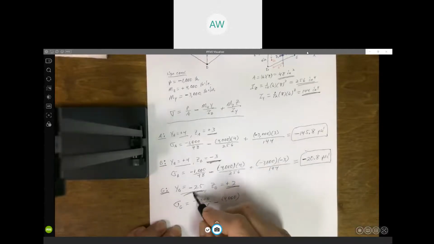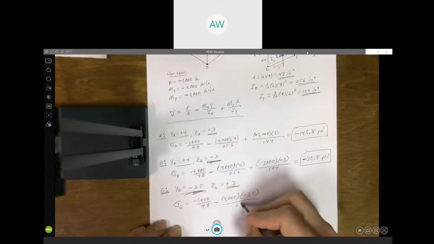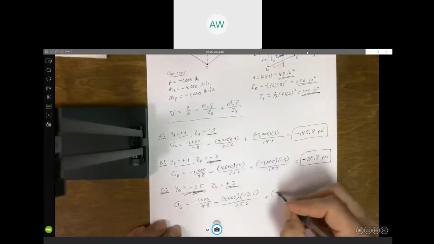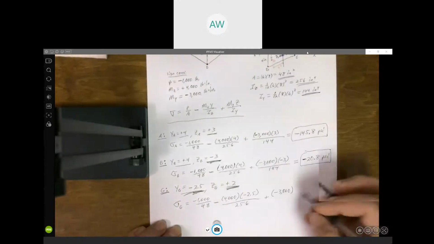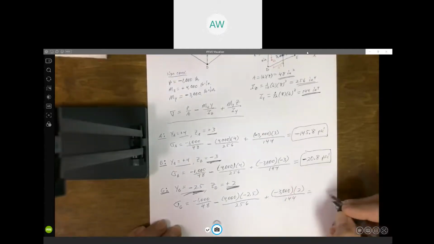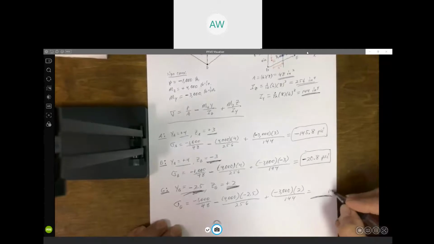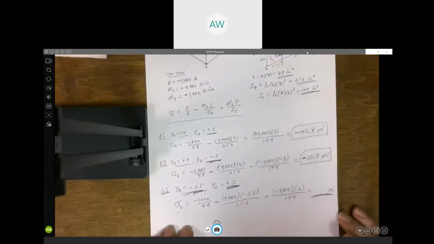Here's where we put in our Y coordinate, negative 2.5, over 256, negative 3,000. And then we have a new Z coordinate here, positive 2. And add those up. Since I just made this up, if somebody's industrious and wants to take your calculator and add that up, that would be okay, but not necessary. Any questions about this? This is not hard.